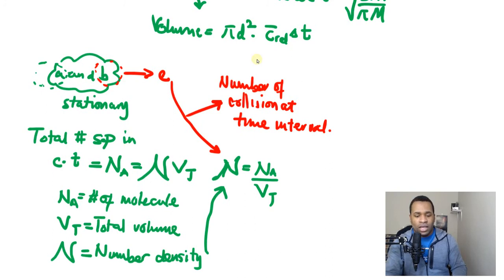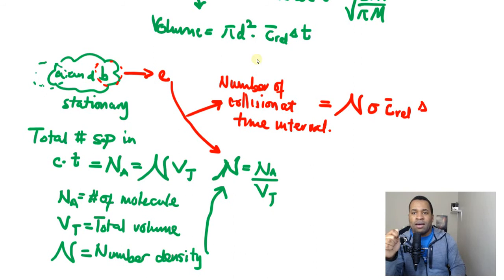This is equal to our number density multiplied by our area multiplied by our relative mean speed multiplied by our time interval.